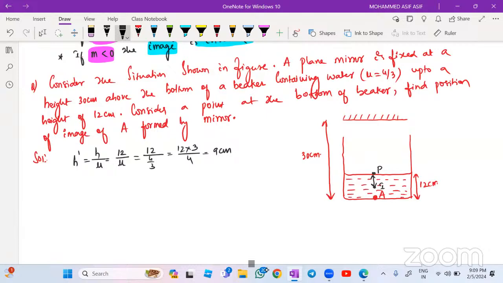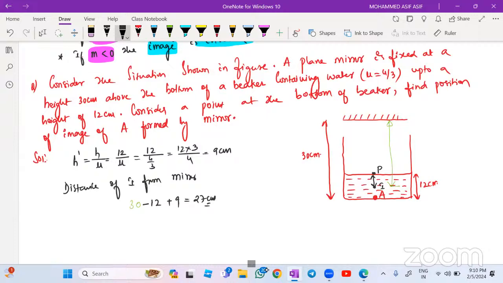From here to here, this distance I'm talking about. Can you tell me what that distance will be, anyone? The total distance is 30, minus 12, then plus 9. That will be equal to 27 centimeters.